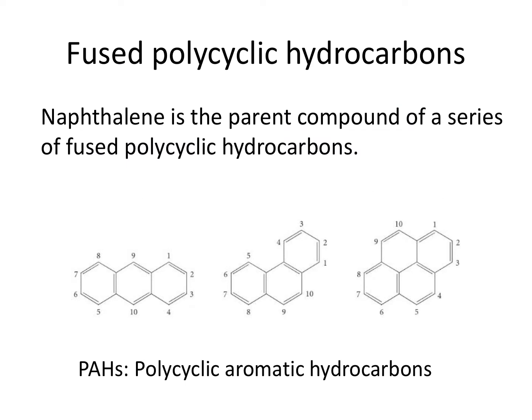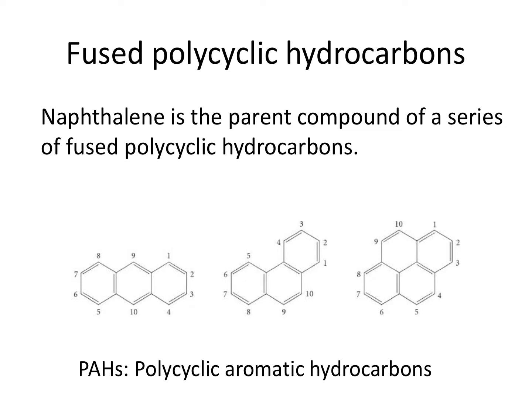We call them fused polycyclic hydrocarbons, or in general, polycyclic aromatic hydrocarbons. We call them aromatic because they have a benzene ring, and polycyclic, poly means more than 1, 2 or more.